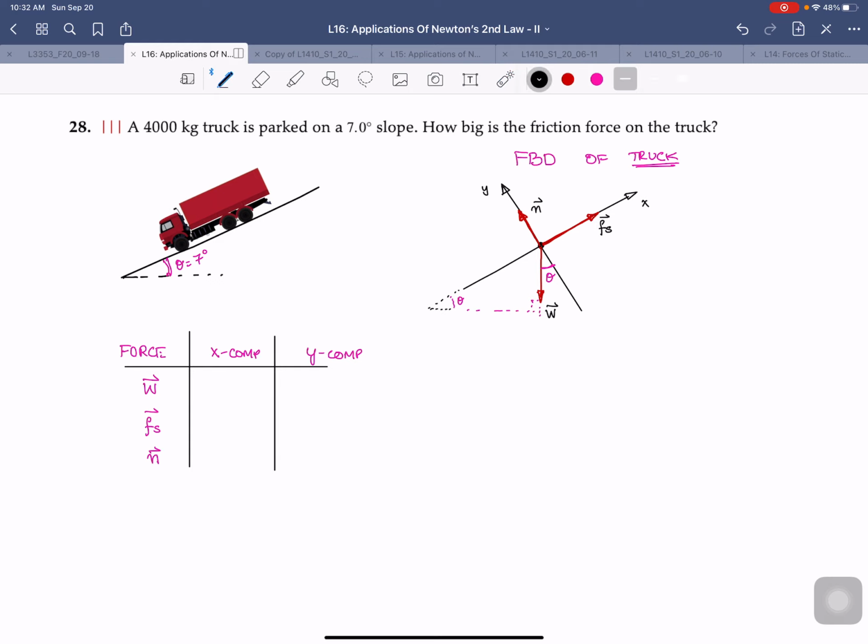Now go ahead and resolve these into components. The weight has an x component, and as you can see from this sketch, it is minus mg sine theta. The y component is negative mg cosine theta. The force of static friction is in the positive x direction, along the positive x-axis, so that's plus f sub s, 0. And the normal force is along the positive y-axis, so that's what we have.